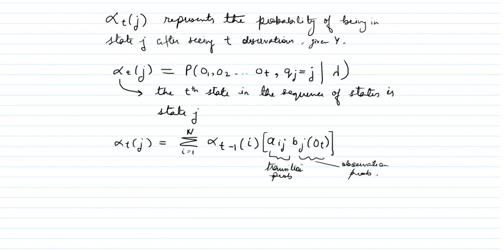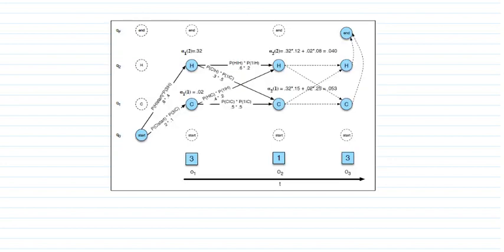If we need to calculate alpha 2, we will require alpha 1 and alpha 1, right?